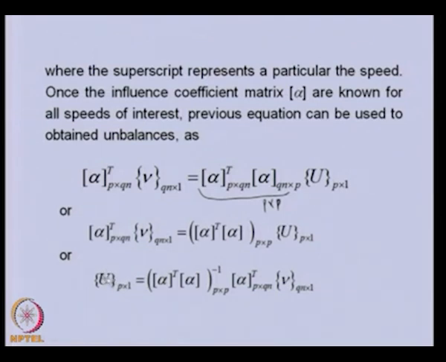And once we know the residual unbalance in p number of planes, we can balance the rotor by putting those correction masses just opposite to the residual unbalance in p number of planes. So, like this we can do the balancing of the flexible rotor using the influence coefficient method.